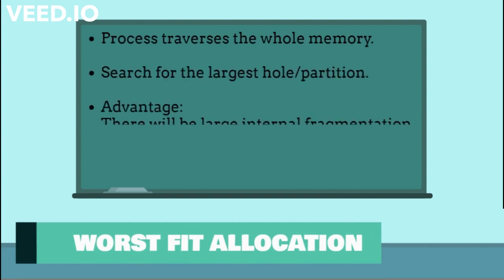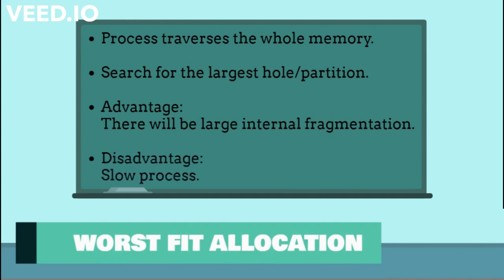Worst Fit allocation allows the processors to traverse the entire memory and search for the largest hole or partition that is available. This brings its own advantages and disadvantages. The advantage of Worst Fit allocation is that there will be large internal fragmentation.